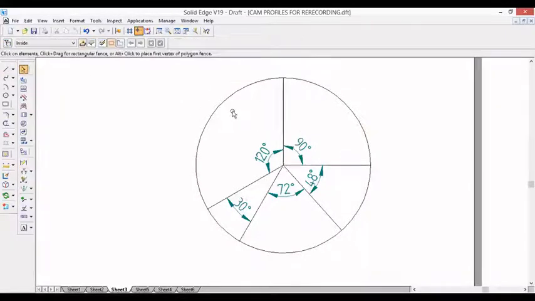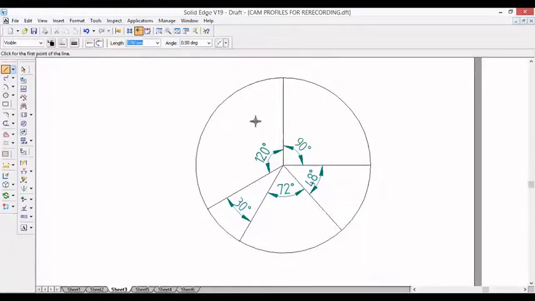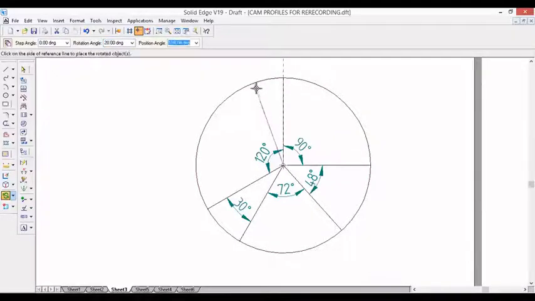Now the outstroke, we divide it into 6 equal parts. So 120 degree, we need to divide further into 6 equal parts. So 120 divided by 6 means every 20 degree we need to measure. So divide it into 6 equal parts.